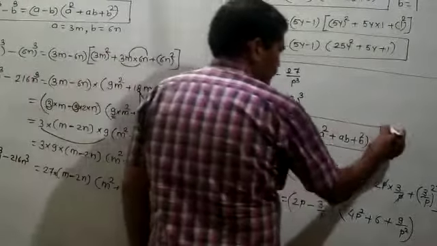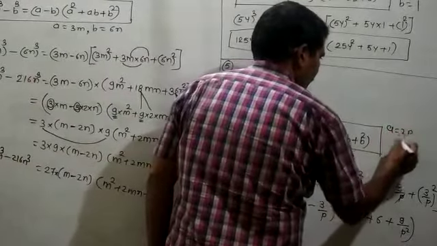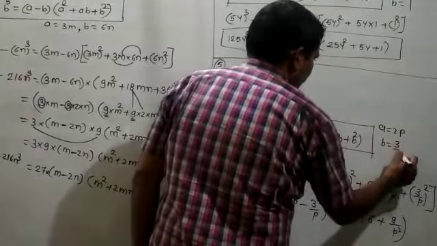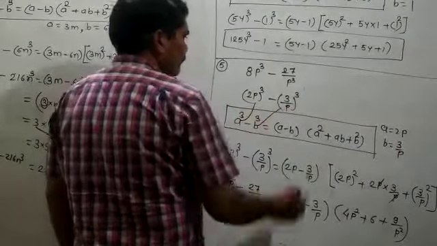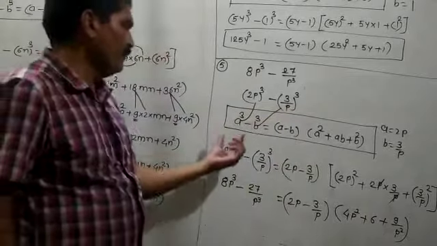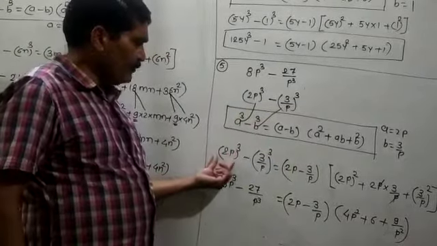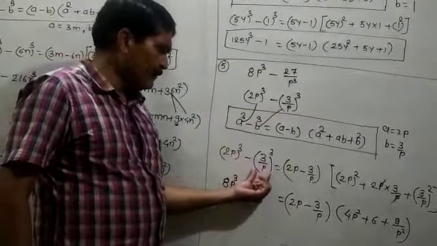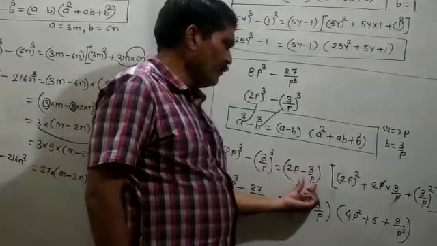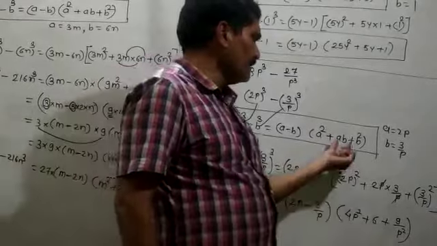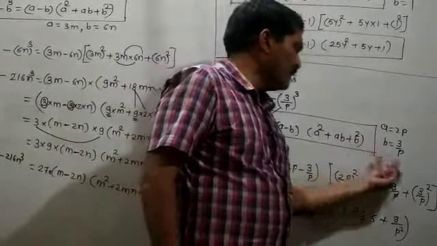So a is equal to 2p, b is equal to 3 upon p. You have to put that value of a and b. That becomes 2p cube minus 3 upon p bracket cube is equal to a minus b, means 2p minus 3 upon p. This one is a square, this one is a into b, and this one is b square.